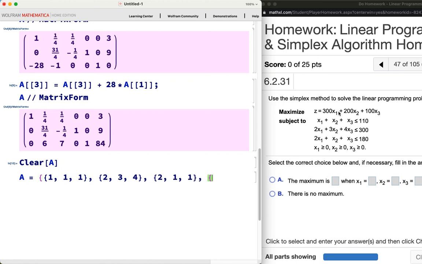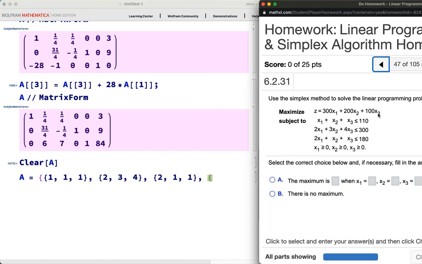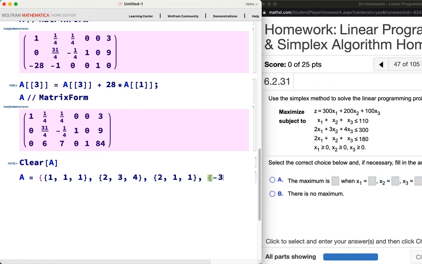And then I need to reverse the signs of the coefficients of the objective function. What are the coefficients of the objective function? 300, 200, 100. They're all positive in this case. I need to reverse those signs, right? So it's going to be negative 300, negative 200, negative 100.